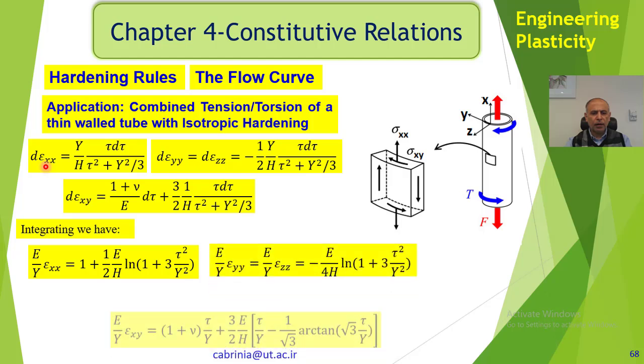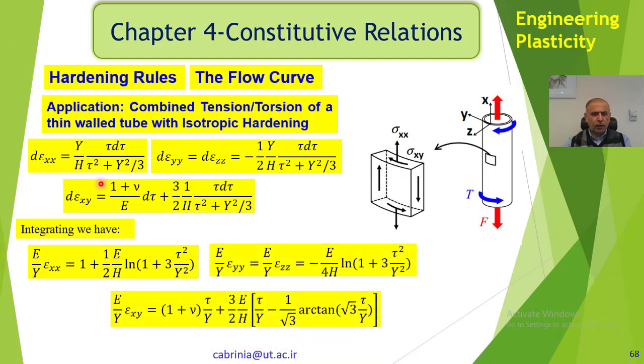Integrating, I have integrated this equation using the previous relationship, and therefore I get the strains: epsilon xx, yy, zz, and xy. Of course, I have the shear strain due to the torsional loading. If I just had the axial loading, I wouldn't have a torsional strain or shear strain.